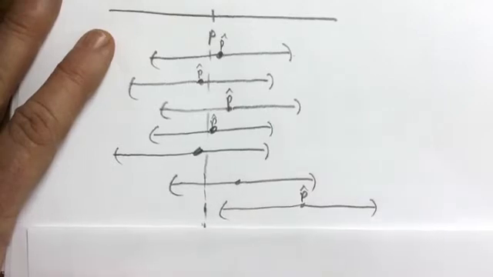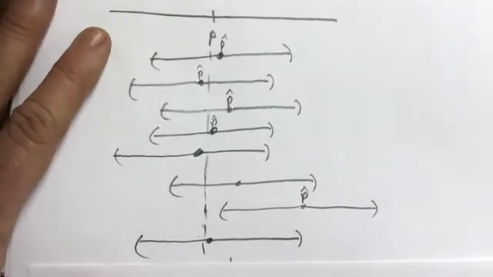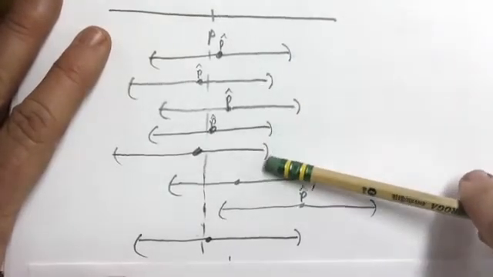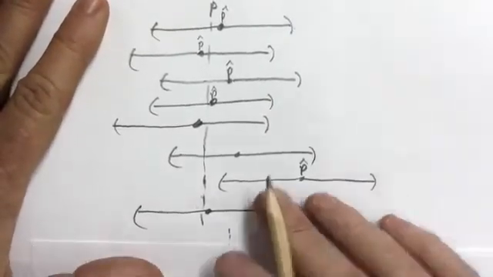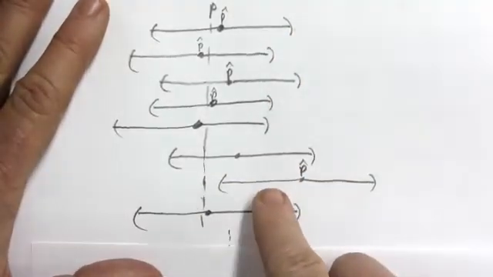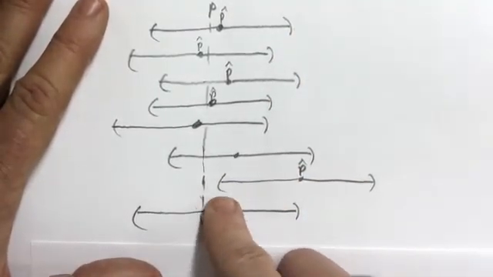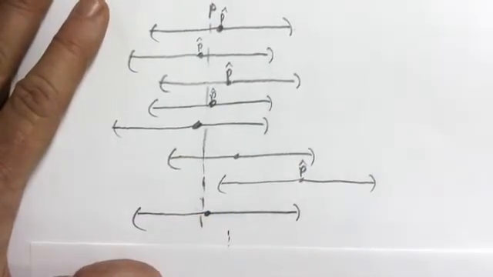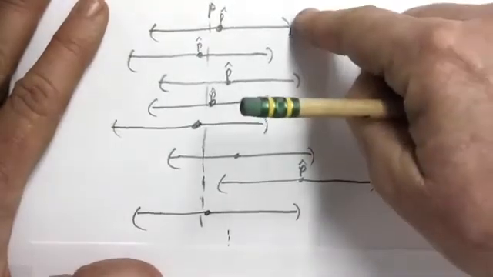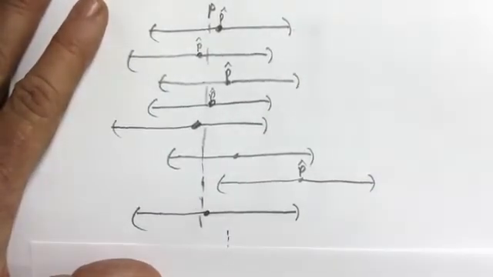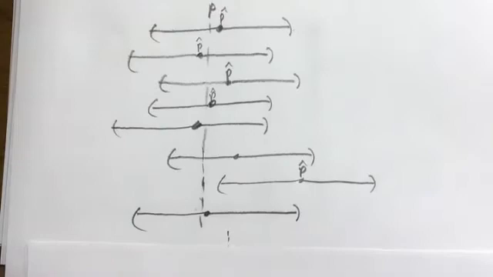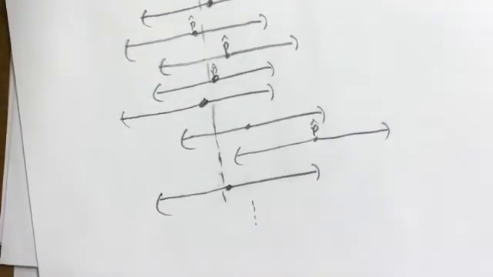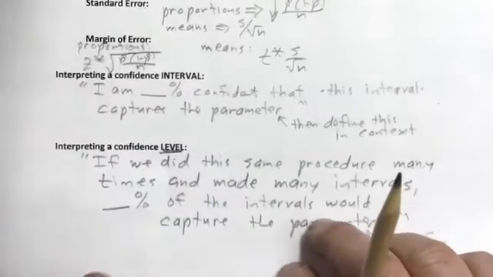All right, and so what a 95% level of confidence means is if we made many different intervals like this, if we kept going on and on and on and made a large number of intervals, 95% of the intervals would actually capture the true value, would actually capture P. If it was 99% confidence, we would say 99% of the intervals would actually capture P. And so that's what this is saying there.